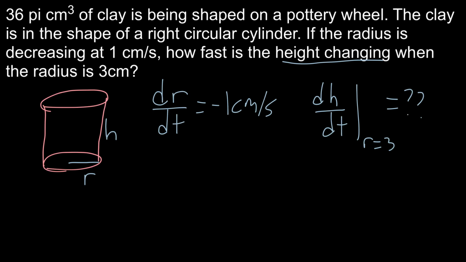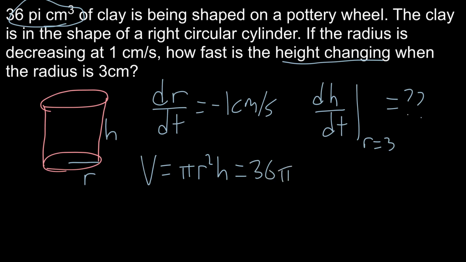And now, we need to somehow incorporate the 36 pi centimeters cubed. What can we do with that information? Well, the formula for the volume of a right circular cylinder is pi r squared times h. Now we know that this has to be equal to 36 pi.